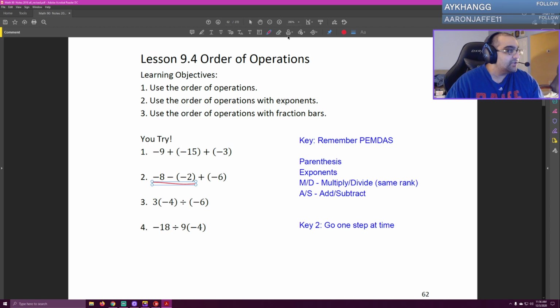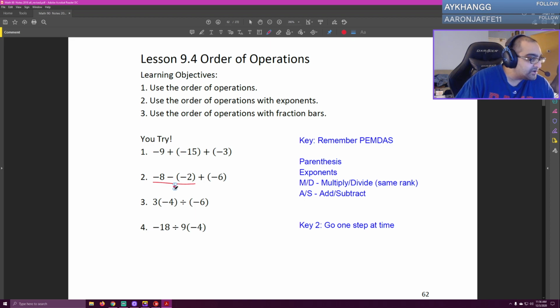I'm going to focus on -8 minus -2 first. What's that going to be? Change it into addition if you like, because that's going to be important. Okay, -6, that's correct.